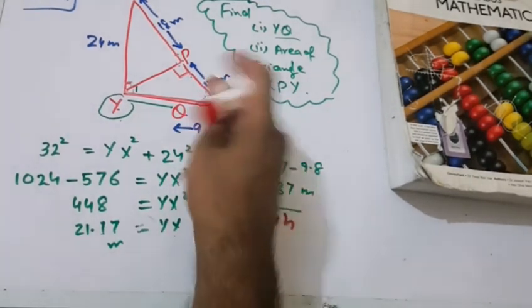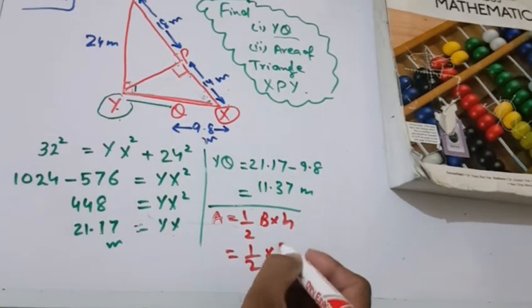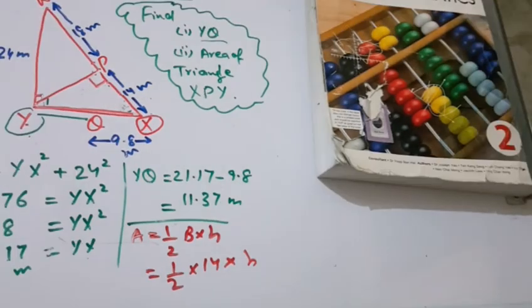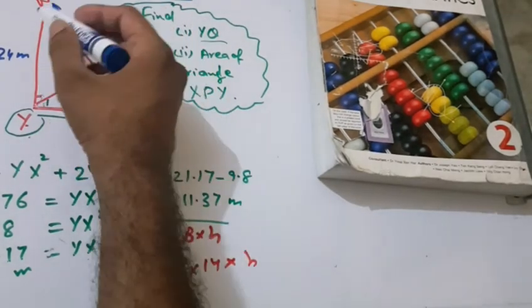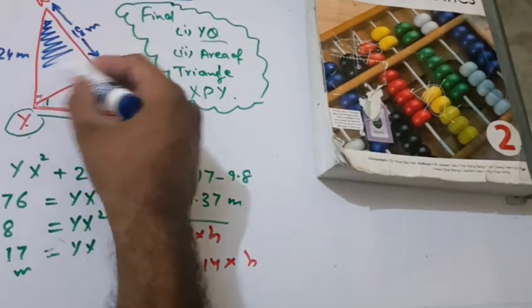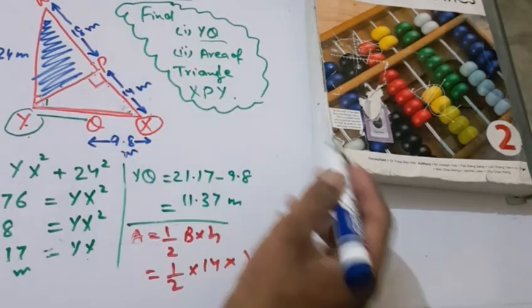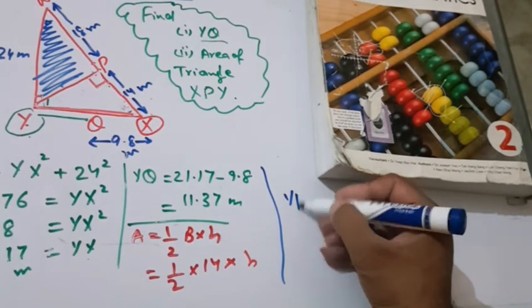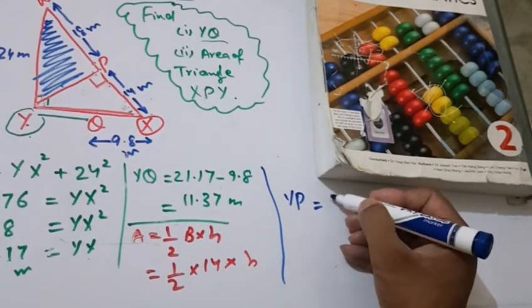We have only the base, but we don't have the height. So height I need to find out first. To find out height, I will consider only this much triangle, which is at the top. Its base is YP.